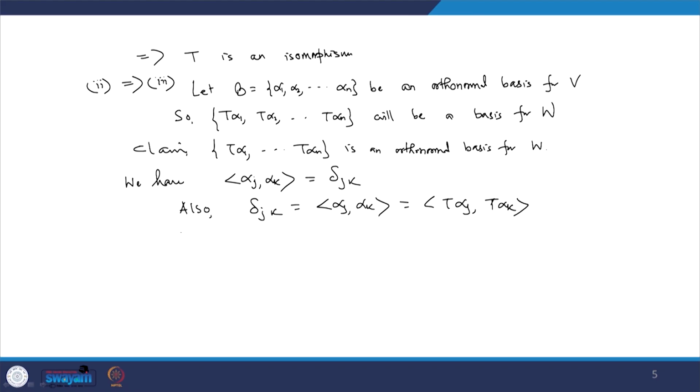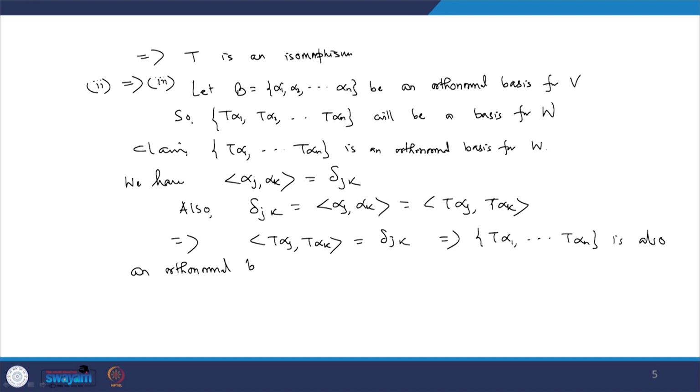Here delta j k is the canonical delta, so when j equals k it is 1 and otherwise 0. So, this implies that inner product of T alpha j and T alpha k equals delta j k. So, this implies T alpha 1 to T alpha n is also an orthonormal basis for W.